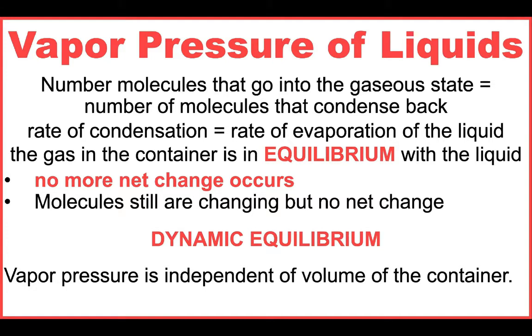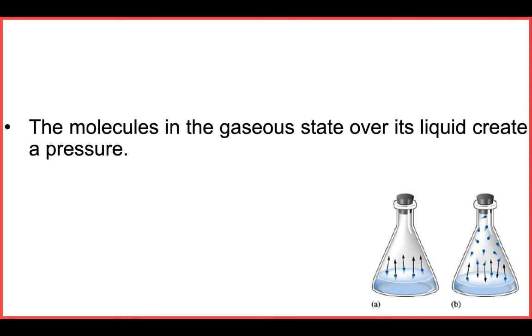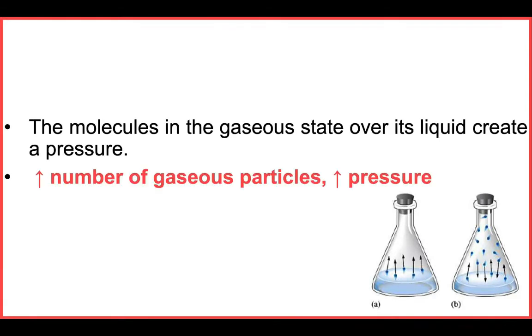Now, like any gas sample, the molecules in the gaseous state over its liquid state create pressure. Of course, the greater the number of gaseous particles, the greater the pressure exerted by the gas. This is one of the relationships between variables that describe a gas, if you remember from our previous video.